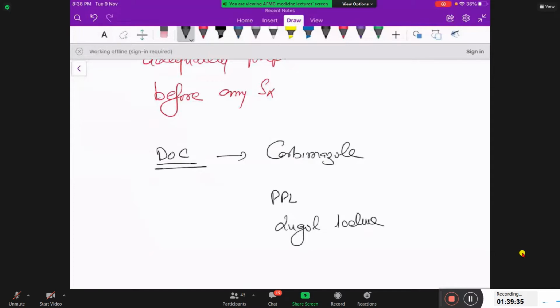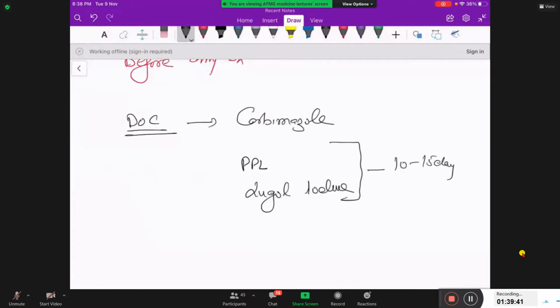So if this procedure is to be done within 10 to 15 days, we should add propranolol and Lugol's iodine also. And a very important point to note: once you start propranolol, after doing a thyroidectomy in these patients, you should continue propranolol for at least 7 days. Why so?